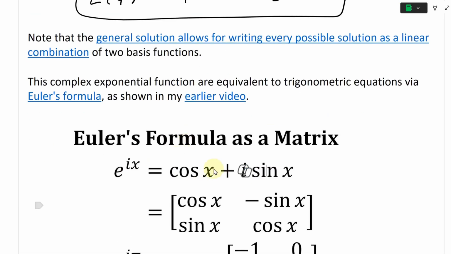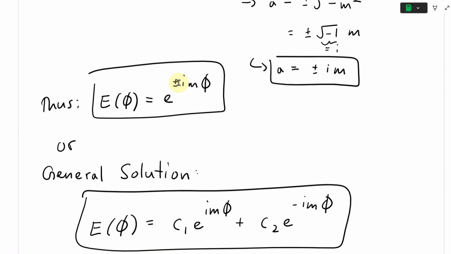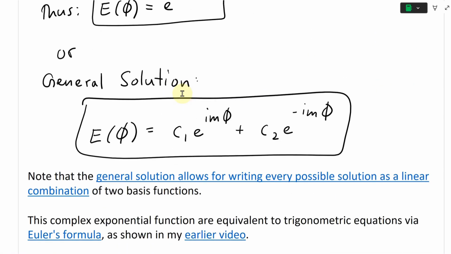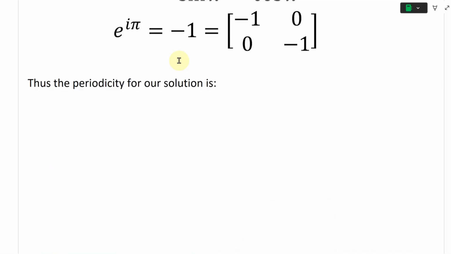And that's basically converting this into the trigonometric equivalent. So basically, we'll take this e to the i m phi, and we'll just take the positive side. So we have capital Phi of phi equals the exponential e to the power of i m phi.